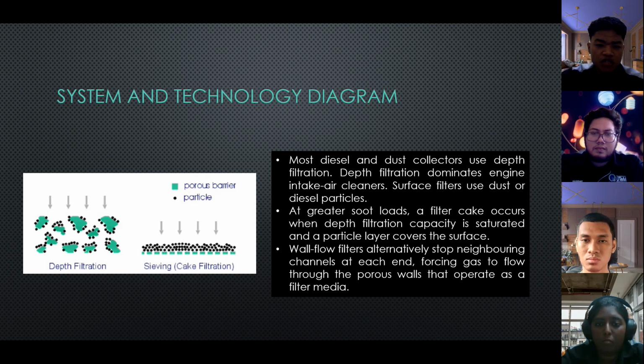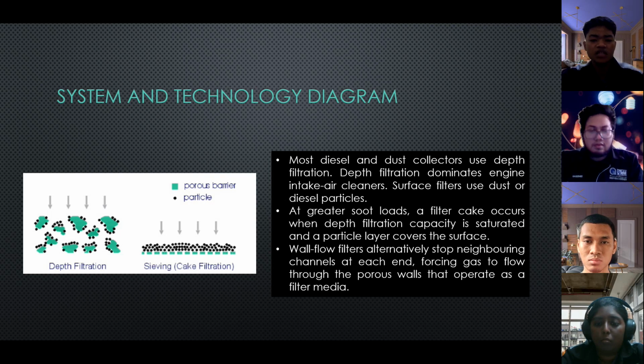Most diesel and dust collectors use depth filtration. Depth filtration dominates engine intake air cleaners. Surface filters use dust or diesel particles. At greater soot load, cake filtration occurs when deep filtration capacity is saturated and a particle layer covers the surface. Wall flow filters alternately plug neighboring channels at each end, forcing gas to flow through the porous wall that operates as a filter medium.